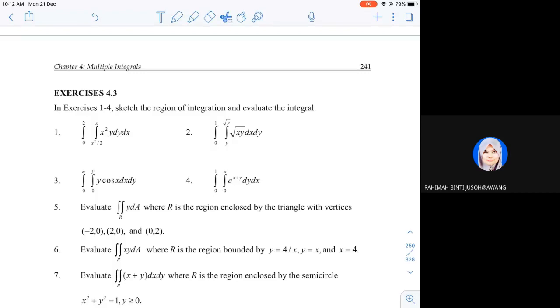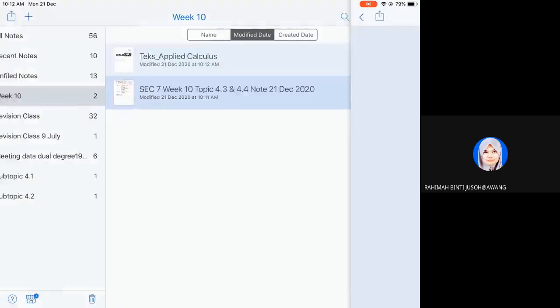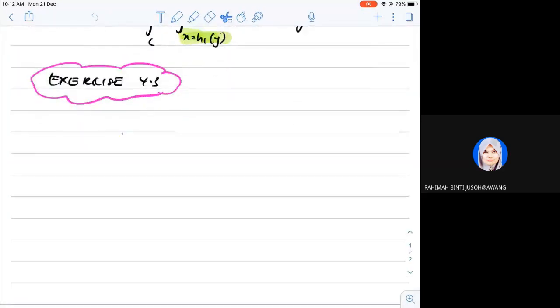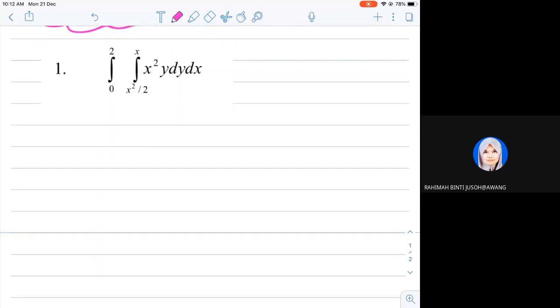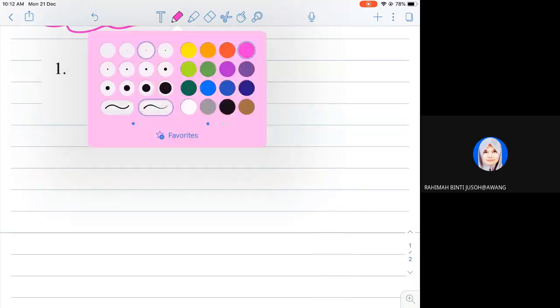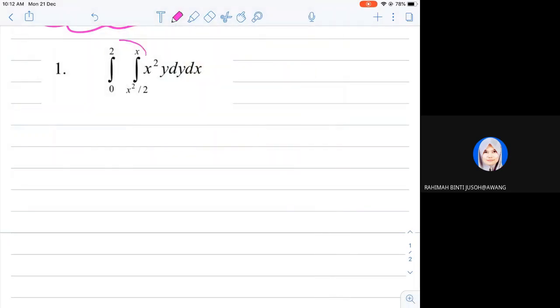So let us do question number 1. Okay, so first of all, guys, you have to bear in mind, in order to sketch the region R, region R is 100% from this limit.